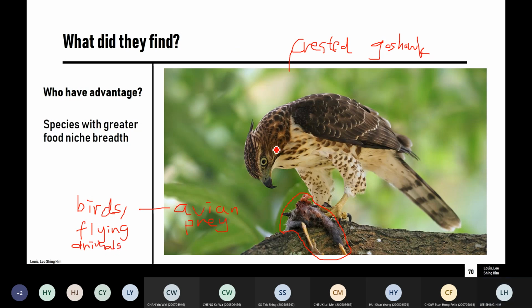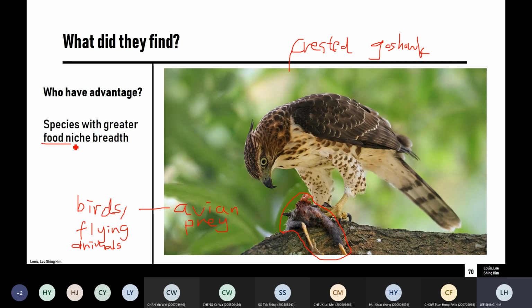So in urban areas, people found that the raptors hunt more birds than their rural friends. It means that if a species has a greater food niche breadth, they can survive in urban areas more easily.